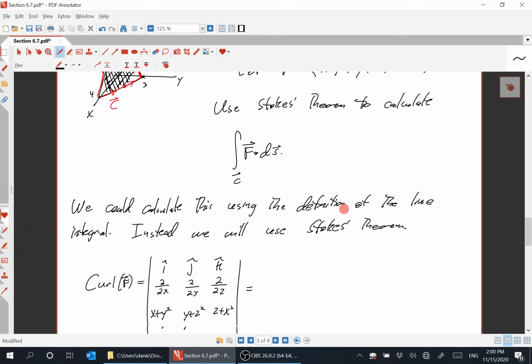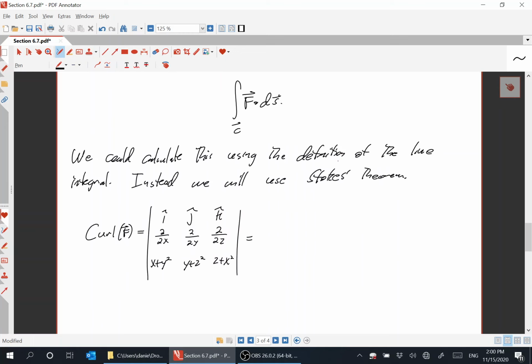All right. So this is equal to, so partial with respect to y minus partial with respect to z, so that's just minus 2z. And then partial with respect to z minus partial with respect to x, minus 2x. And then partial with respect to x minus partial with respect to y, minus 2y. So that's minus 2 times z, x, y, like that.